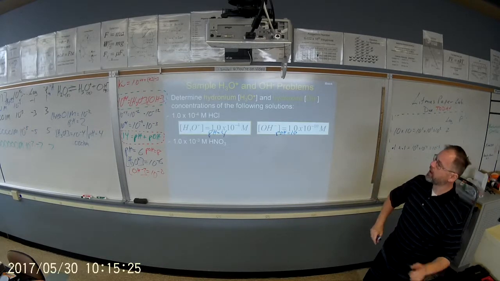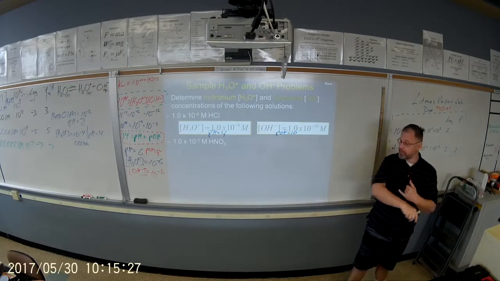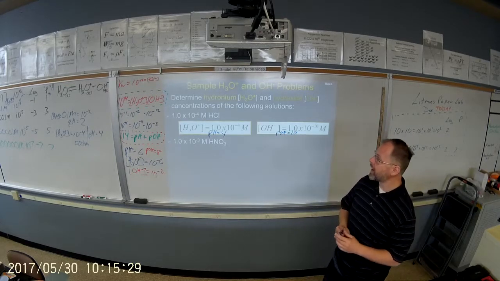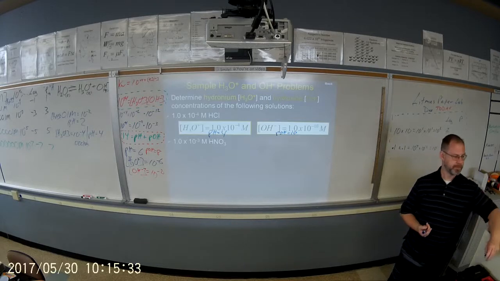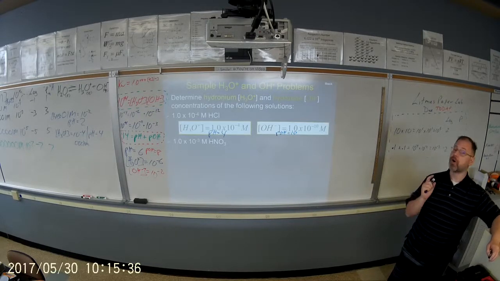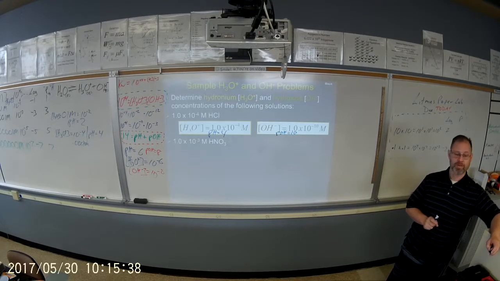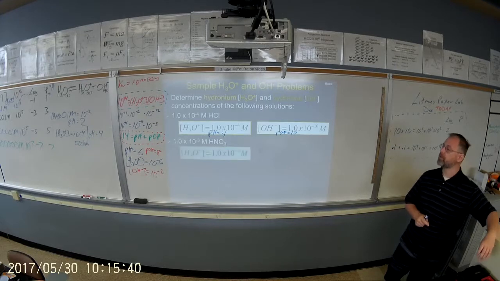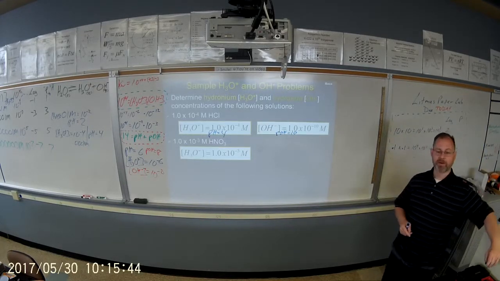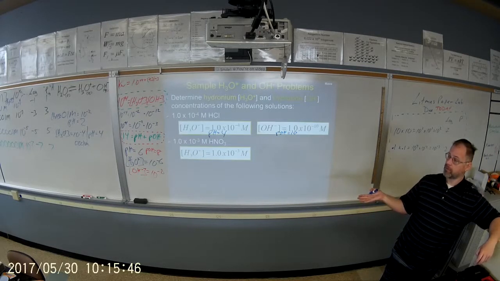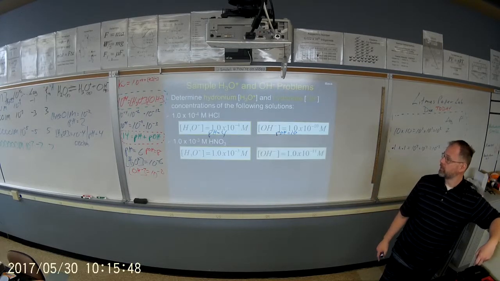So now we have nitric acid. You can see the acid in front. 10 to the negative 3 nitric acid. What's going to be the hydronium concentration? The hydronium. 10 to the negative 3. This is an acid. So our hydronium is 10 to the negative 3. That makes our hydroxide 10 to the negative 11.